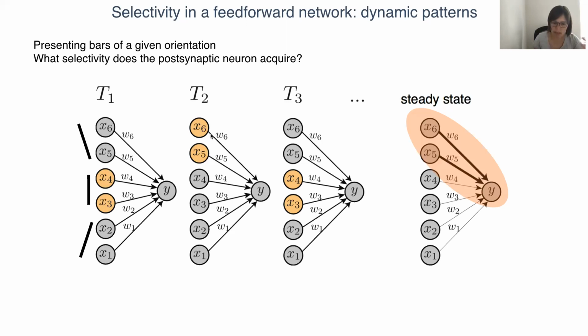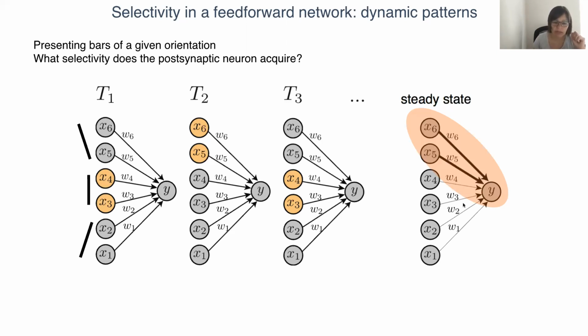Then at the next time point, 100 milliseconds later, you show a different orientation, and so on. I call this dynamic input presentation because at different time points, you change which orientation you show, meaning you change which group of neurons you stimulate, where a given group of neurons codes for a given orientation.